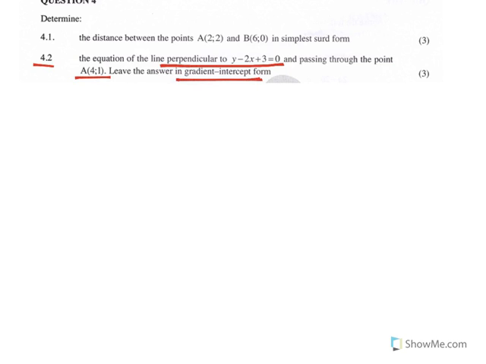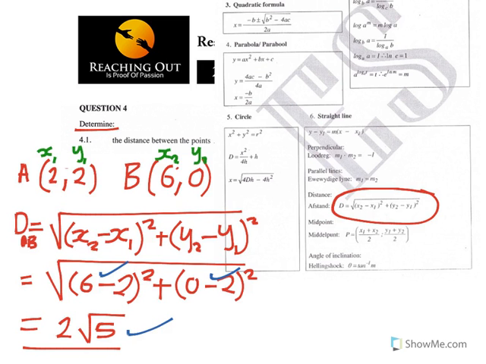The moment they say gradient intercept form, they are simply saying y is equal to mx plus c. So don't let it confuse you. The key word to remember is perpendicular. Perpendicular lines, m1 times m2 is equal to minus 1.